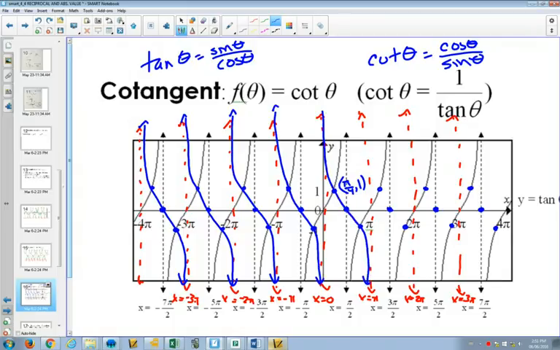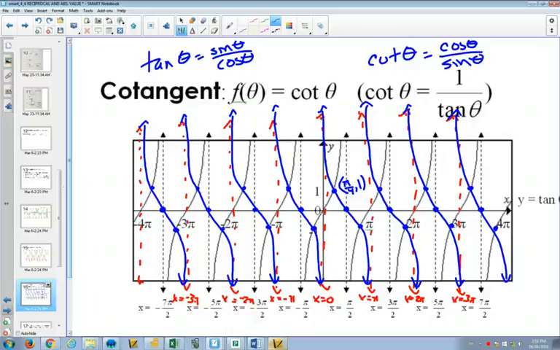So you just have to draw towards the asymptotes. And so that blue graph is our cotangent graph.